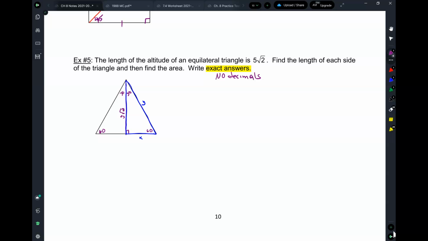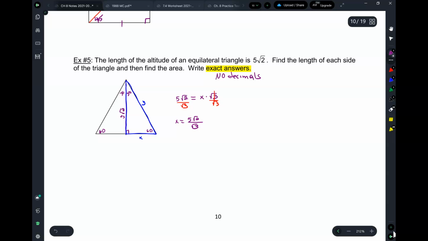The long leg is equal to the short leg times root 3. Now what are we going to do? Now we're going to divide by root 3. These are so much fun. So x is 5 root 2 over root 3.